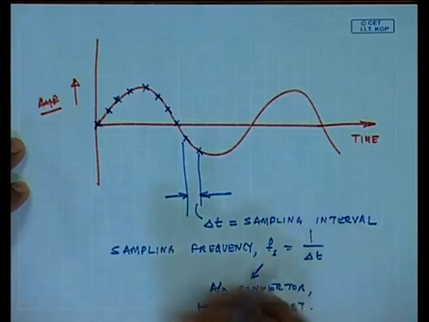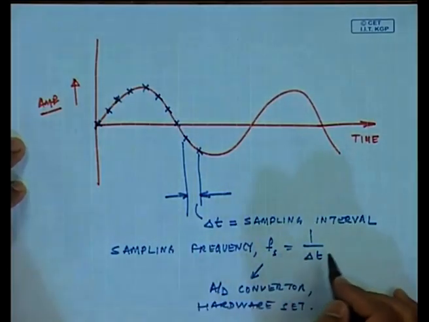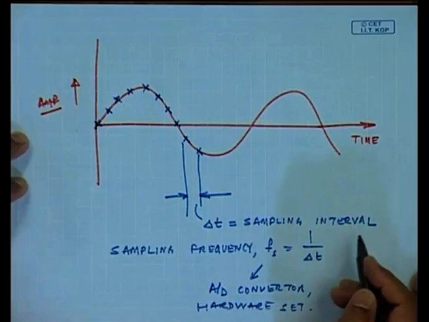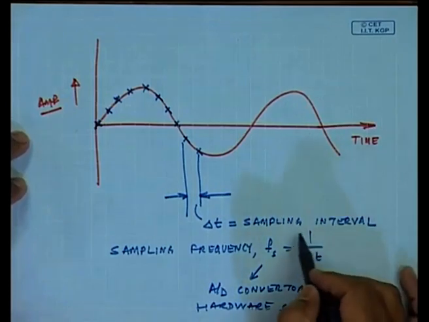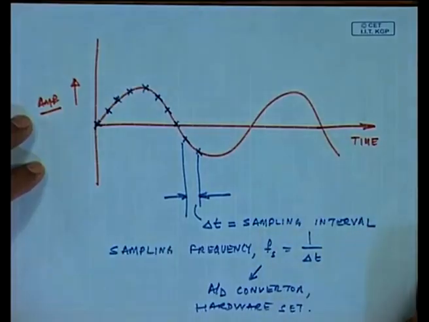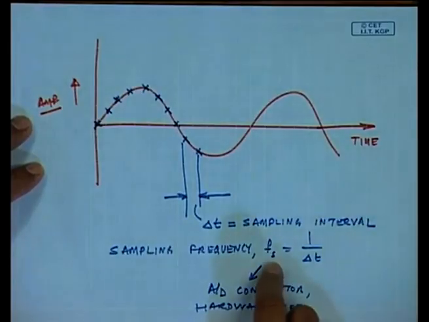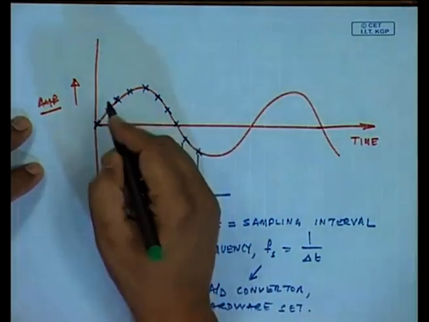That means I cannot change this Fs at will. When I go to the market to buy an A to D converter, it will come with a maximum sampling frequency.